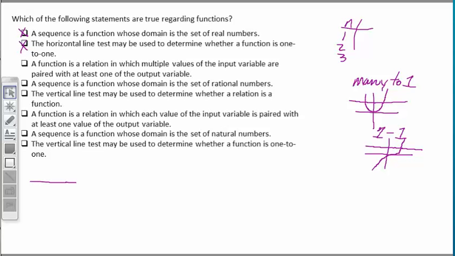Okay, and what they're saying here, this would be like, I got my x's and my y's. It says a function is a relation in which multiple values of my input, which is x, so let's say I have 1, 2, 3, 4, are all paired with at least one of the output variable, which means they're all going to be paired with the number 10.